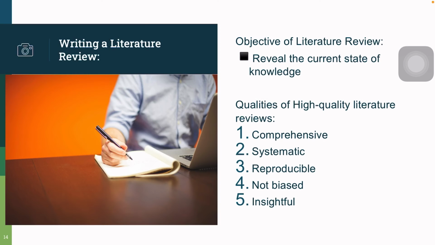So in writing a literature review, these are basically the guidelines, or how one should know that you have a high quality literature review. So these are the qualities. The objective of your literature review is to reveal the current state of knowledge, and these are the qualities.